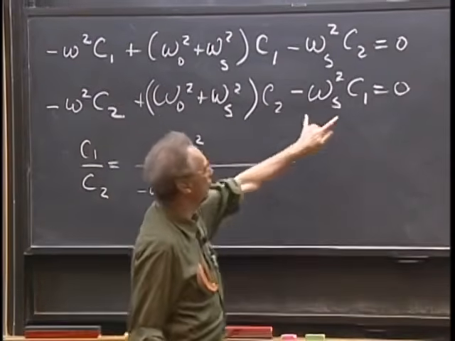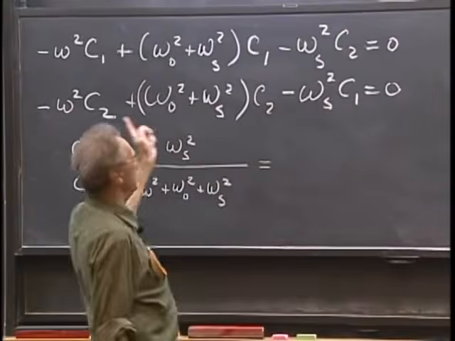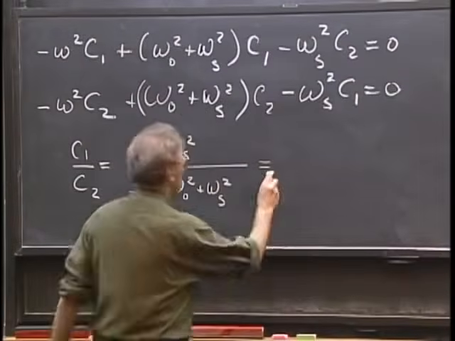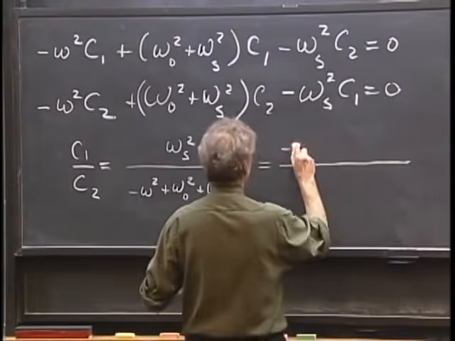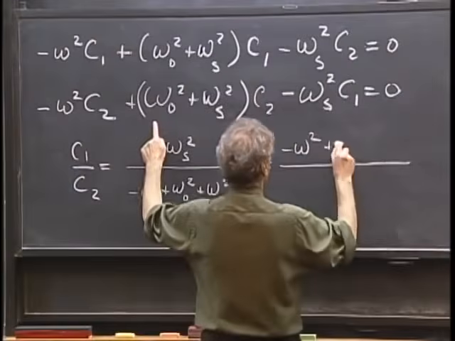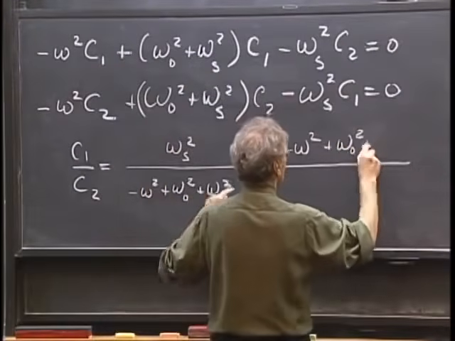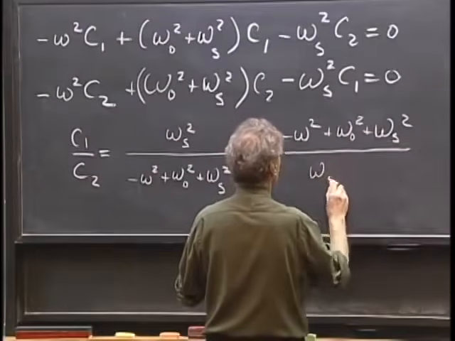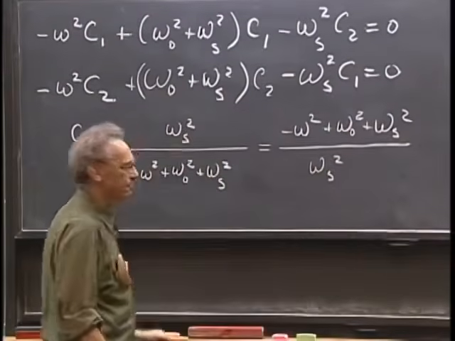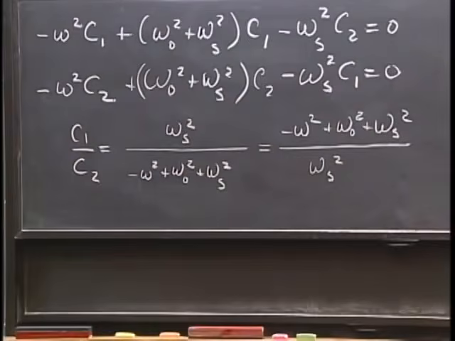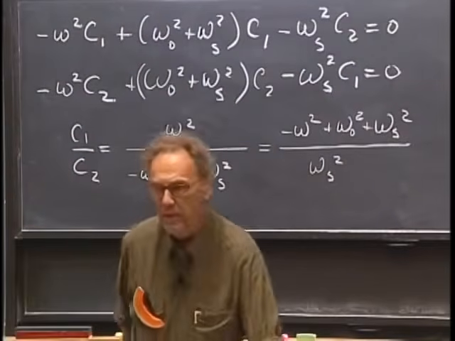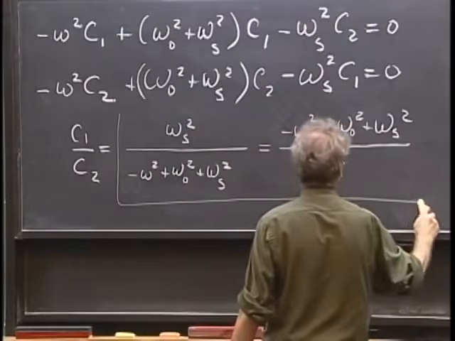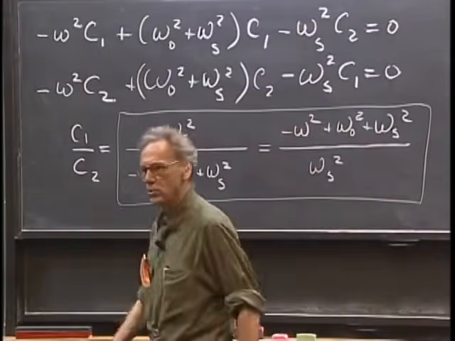So I bring this one to the right side, and I have C1s there and C2s here. And now this becomes upstairs. So I get minus omega squared, plus omega 0 squared, plus omega s squared, and I get downstairs omega s squared. And now I have eliminated C1 and C2, because if I solve this equation, I get my solutions for omega.